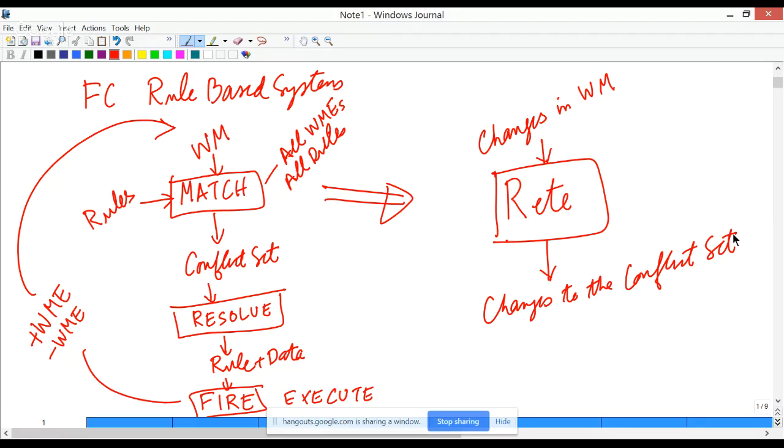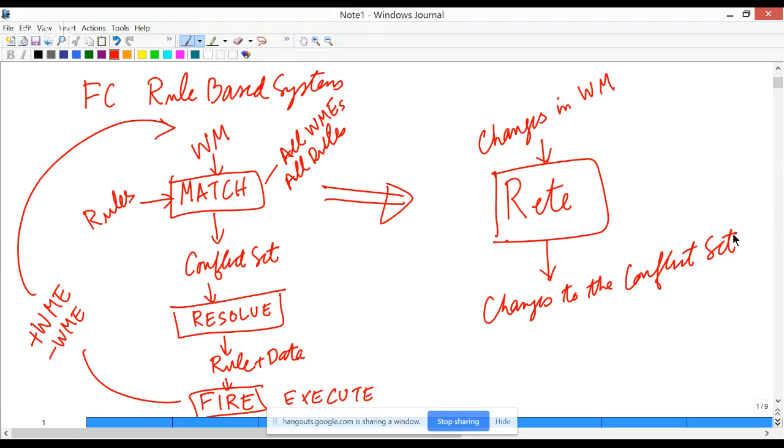So this is the motivation for the Rete algorithm: in every cycle we do not want to match the entire working memory, all the set of working memory elements, with all the rules. And remember that each rule will have a certain set of antecedents, left hand side, and you want to match with all of them. When you select and fire just one rule, it makes just a small number of changes in the working memory. It may delete one or two working memory elements, and it may add one or two. The rest of the working memory does not change.